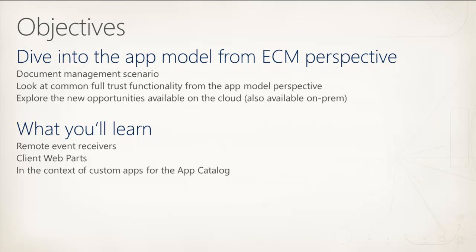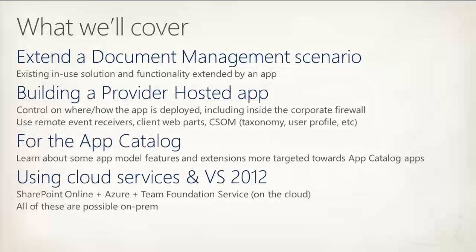So for this talk, I'm actually going to be covering that part and showing you a little bit about the opportunities that you have with the app model when you're working not in the constraints of an atomic unit that you need to be able to install anywhere, but maybe when you have a very specific problem on a very specific site where you already have some content and you want the app model to deploy things and connect to things that already exist in the web where you're installing it.